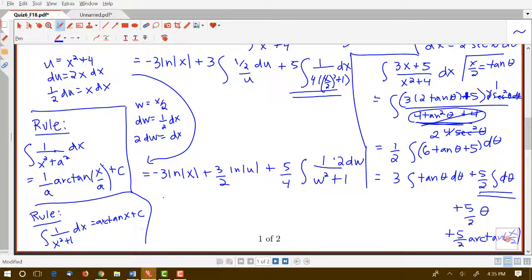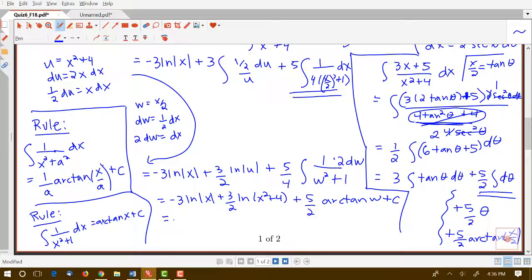Okay, so we have negative 3 log absolute value of x plus 3 halves log of our u, where u is x squared plus 4. This will be 5 halves when I simplify this 5 times 2 over 4, and I'll have this arctan of w, plus c.